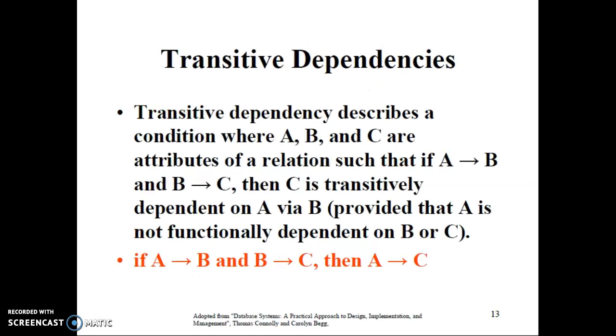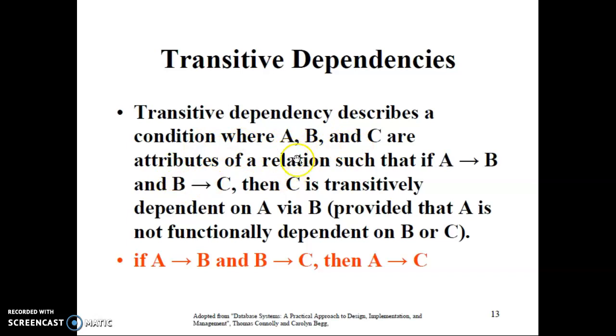However, there is another type of functional dependency called transitive dependency. Transitive dependency is a condition where A, B and C are attributes of a particular relation, a particular table.